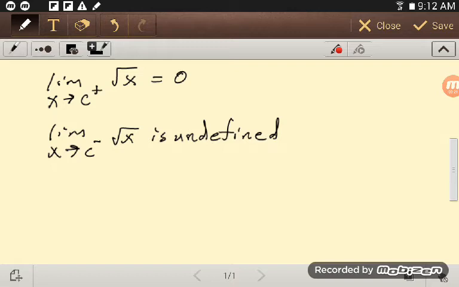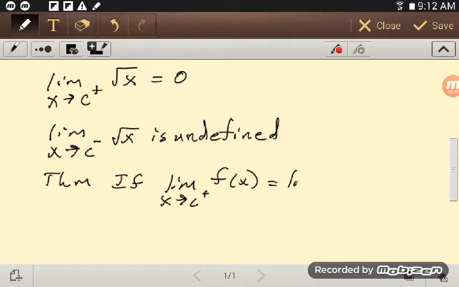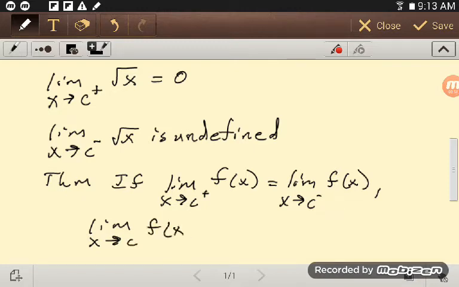Now we have a theorem that says, if the limit as x goes to c from the right of f of x is equal to the limit as x goes to c from the left of f of x, then the limit as x goes to c of f of x exists.